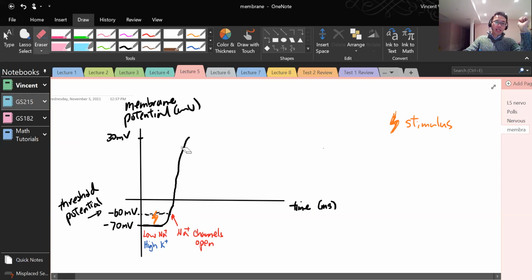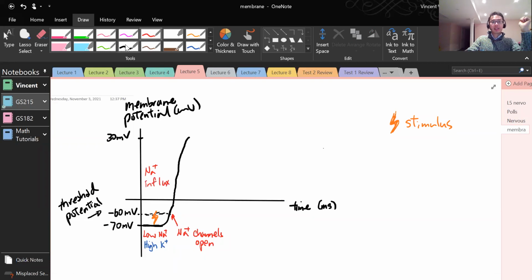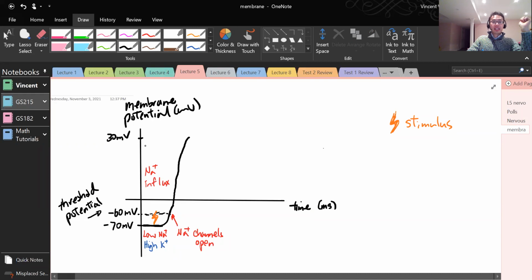So this rising phase is caused by sodium influx. Influx just means coming into the cell, and we call this depolarization. It's going to go up like that.